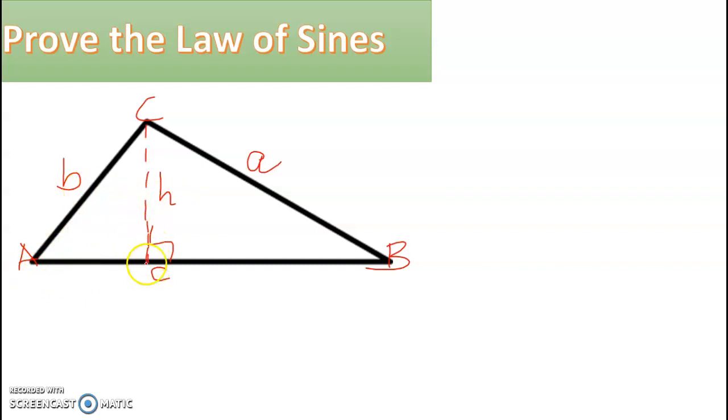Because this line is perpendicular, b becomes the hypotenuse of this right triangle, since we have created two separate right triangles. And so sine of angle A is equal to the opposite, which is h, over the hypotenuse, which is b.